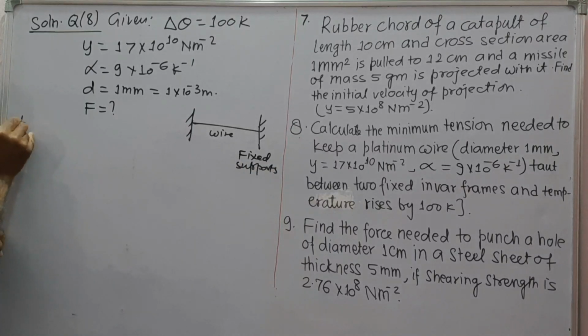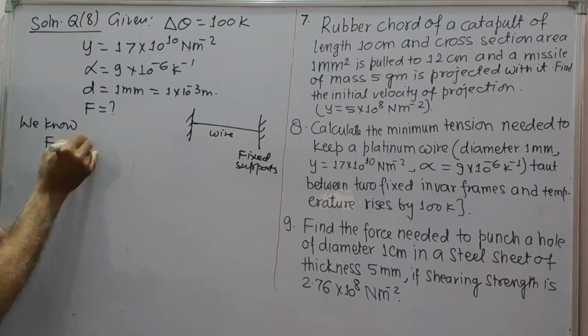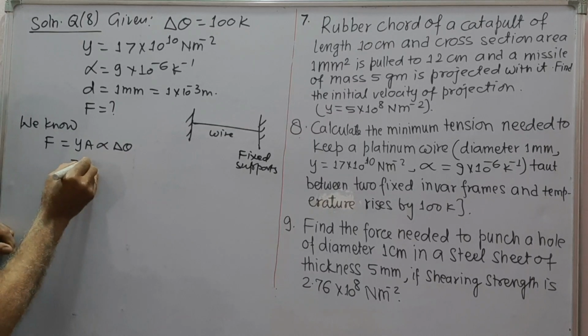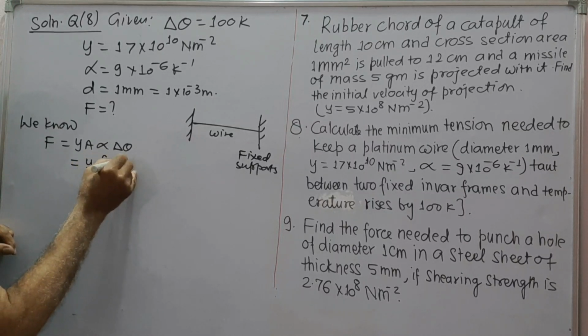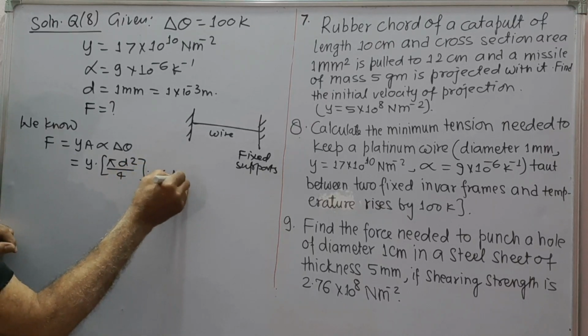Now, thermal force F is equal to Y A alpha delta theta. A means pi d square by 4 or pi r square, into alpha delta theta.